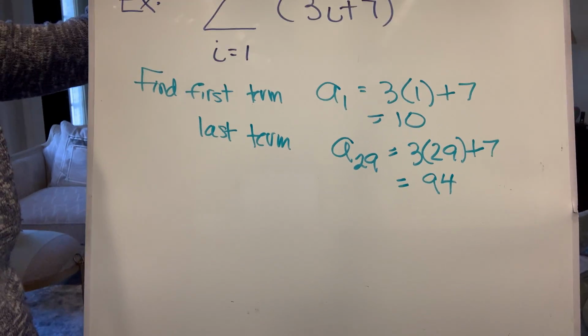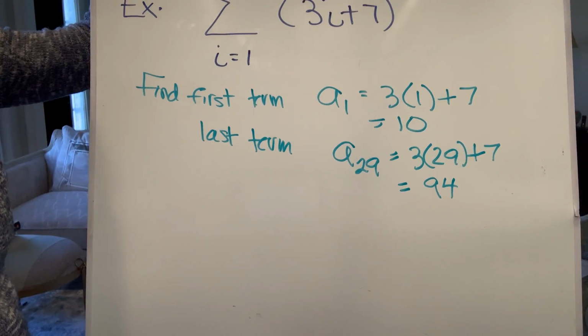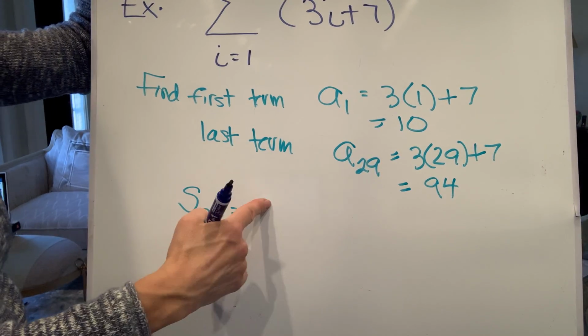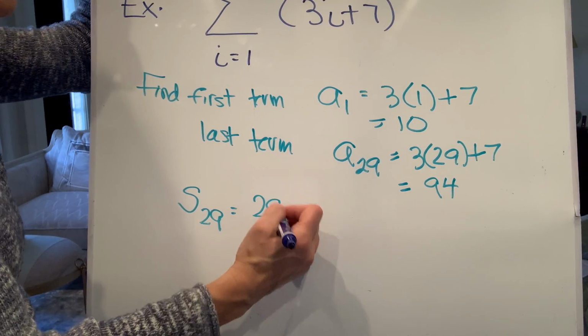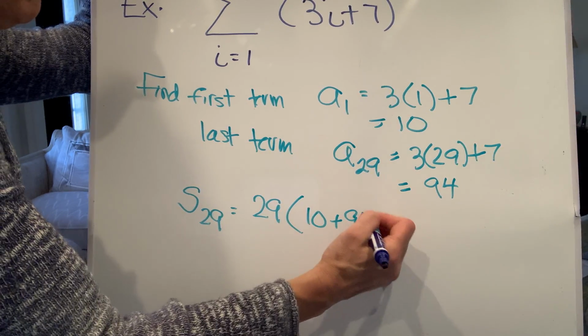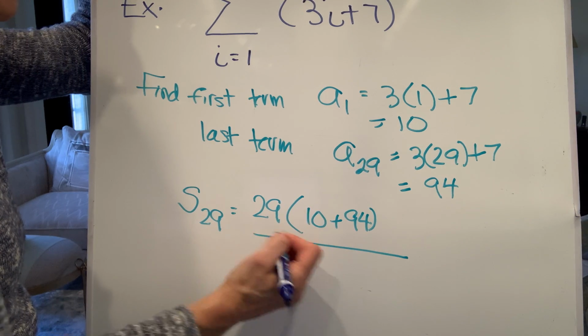All right, so if I fill in my formula here, the sum of the first 29 terms equals the total number of terms, 29, times the first term plus the last term, divided by 2.